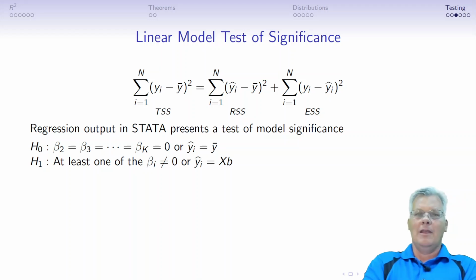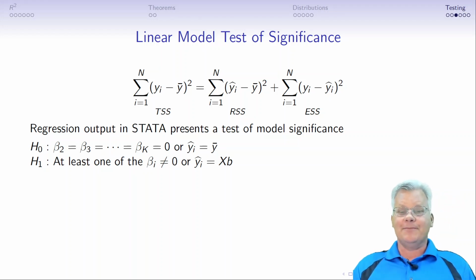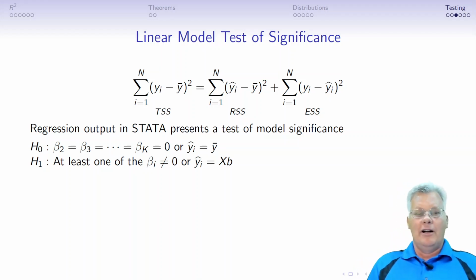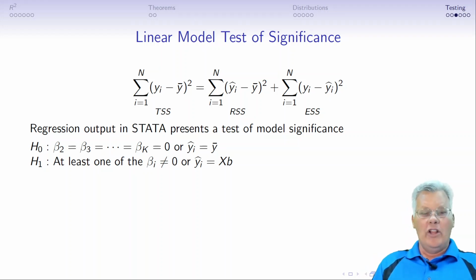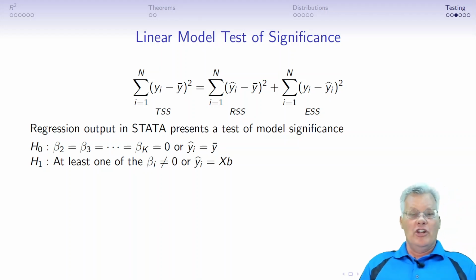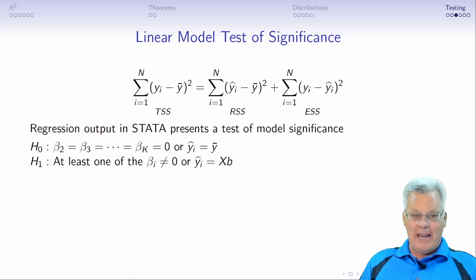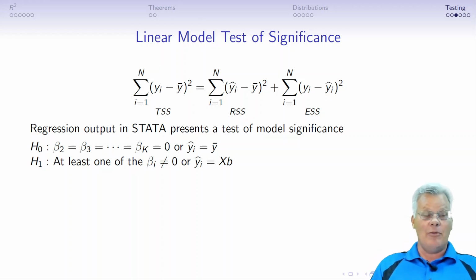Okay. Now, linear model test of significance. At the top of Stata output, the first test that's done is a test of whether all the OLS slope parameters are jointly equal to 0. So in other words, that beta sub 2 and beta sub 3, beta sub 4, etc., up to beta sub k are all simultaneously 0.